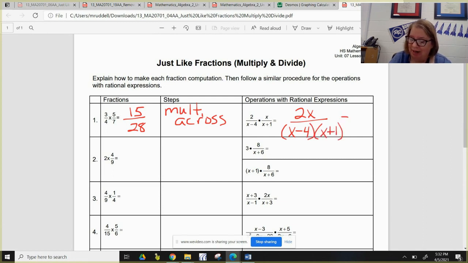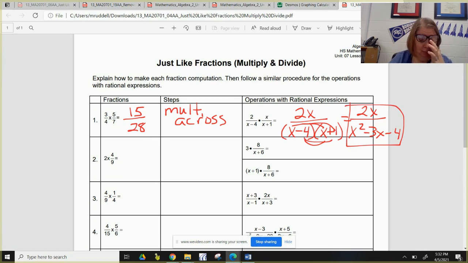And if you FOIL that out or distribute it, you get x squared, 1x minus 4x, so that's minus 3x, and then negative 4 times 1 is minus 4. Same process, multiply the top, multiply the bottom. You're just multiplying straight across. Okay? All right, let's move on to number 2.